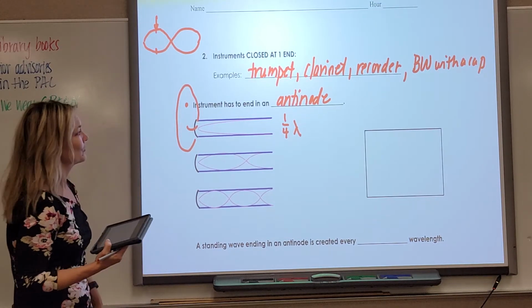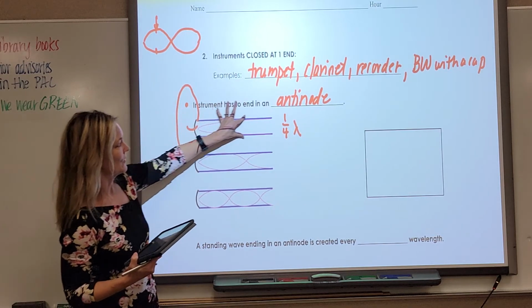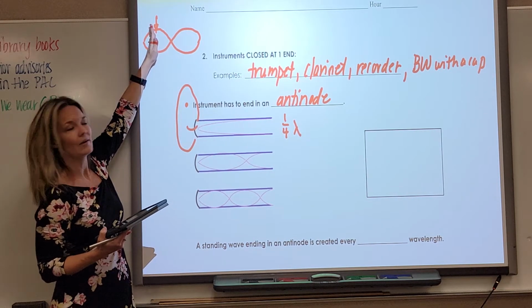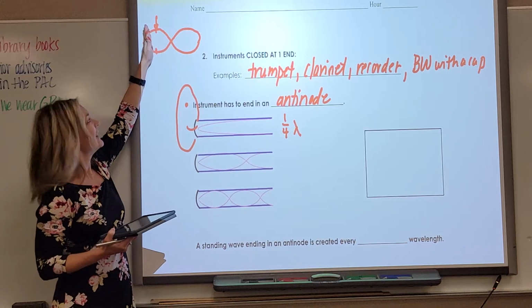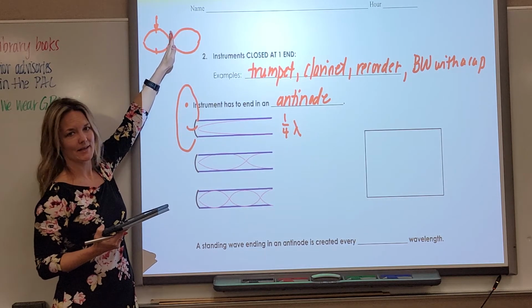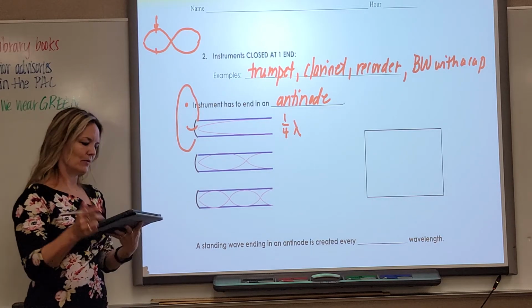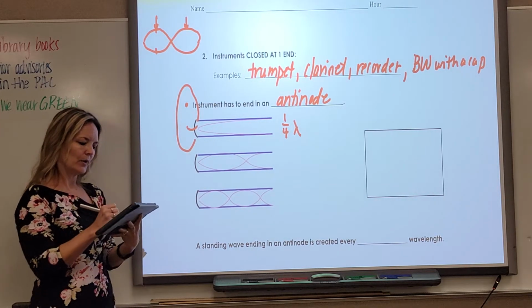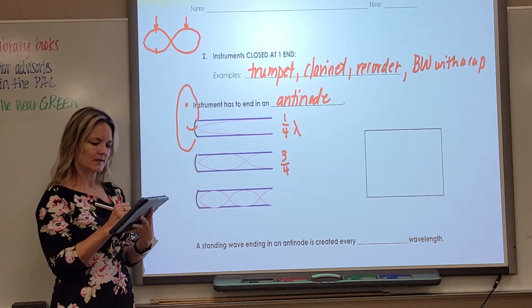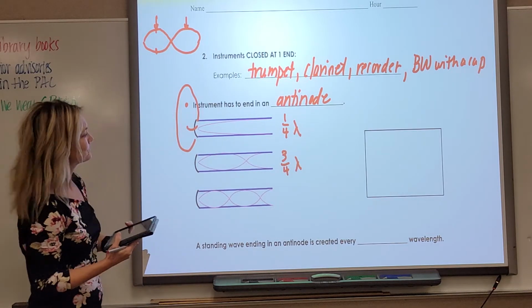So the first time we run into an antinode is at 1/4 of a wavelength. At 1/2, not an antinode. We are at a node. The next time we run into an antinode, we are at 3/4 of a wavelength.